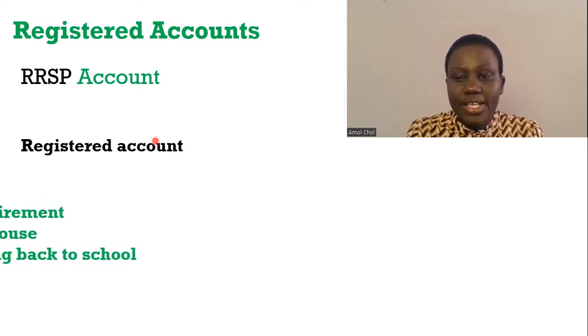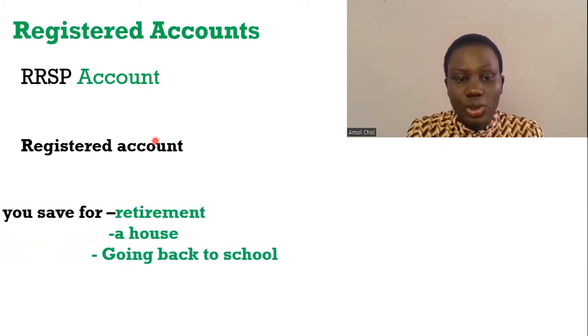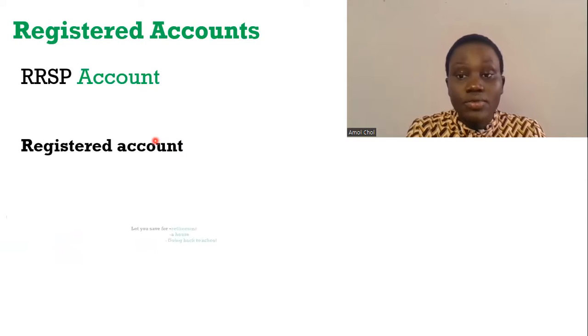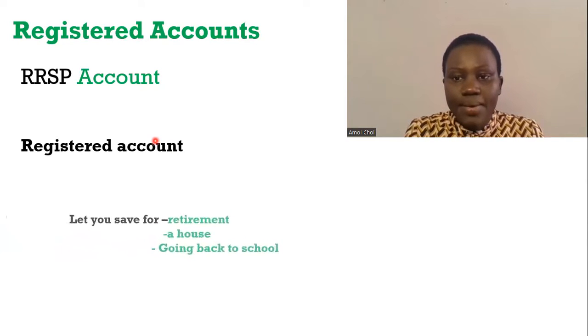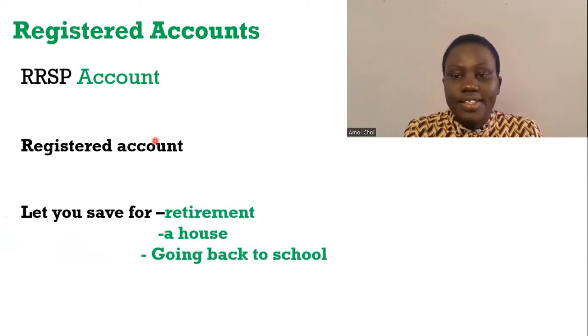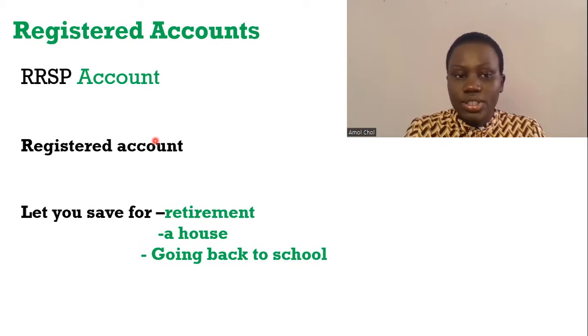So it means you will pay less taxes or even no taxes, depending. If you want to buy a house for the first time, and you qualify for that incentive, you can withdraw from your RSP up to 35,000 without paying taxes. So it depends on how you use it, okay? So this account is registered, and that's how it operates.